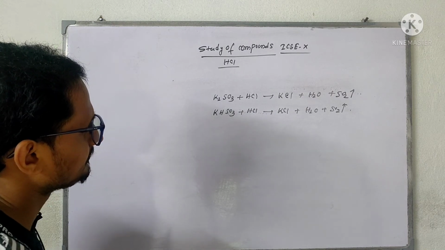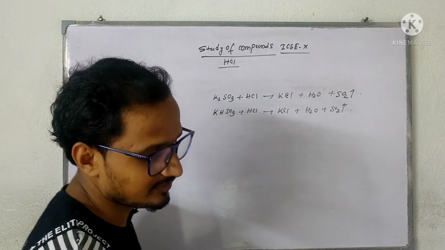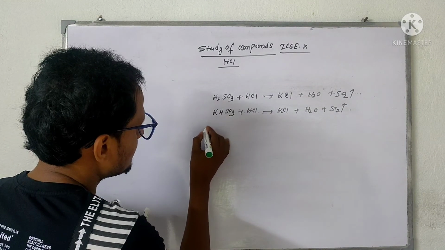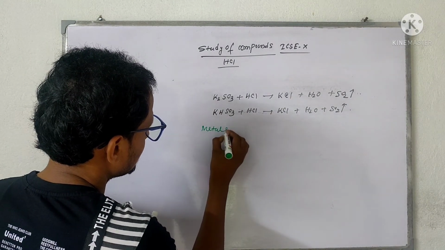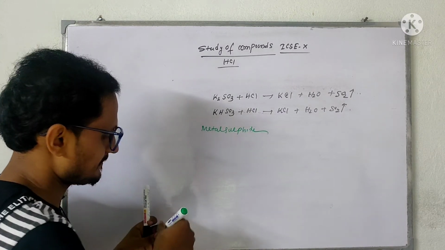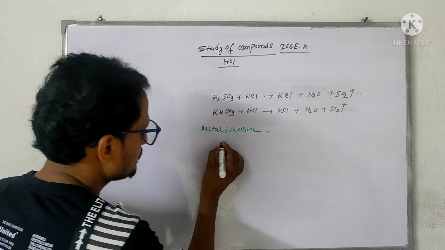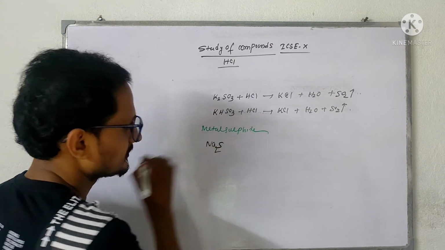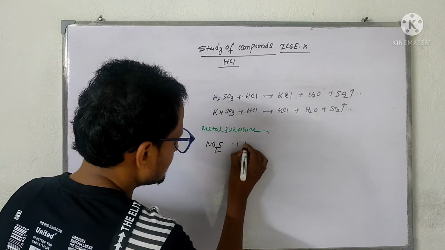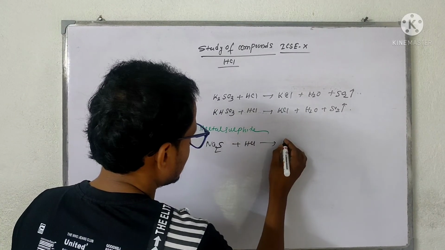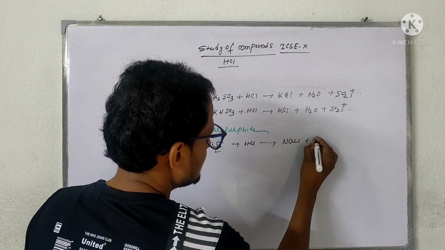Now if it is metal sulfide, metal sulfide means the sulfide, S 2- ion. So say Na2S, it is a metal sulfide, sodium sulfide, reacts with HCl. What will it form? It will form NaCl plus H2S.